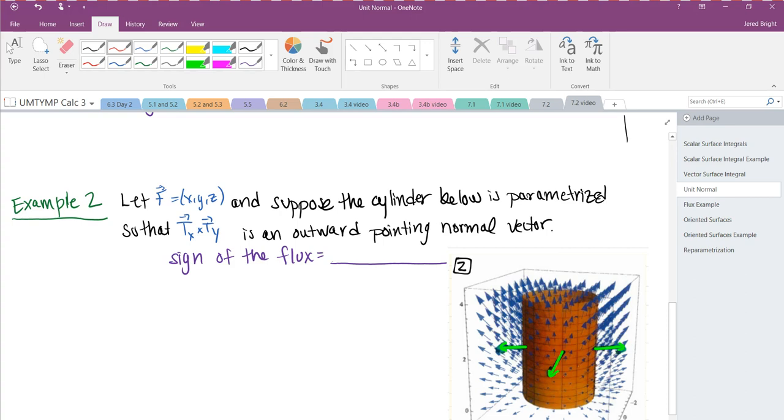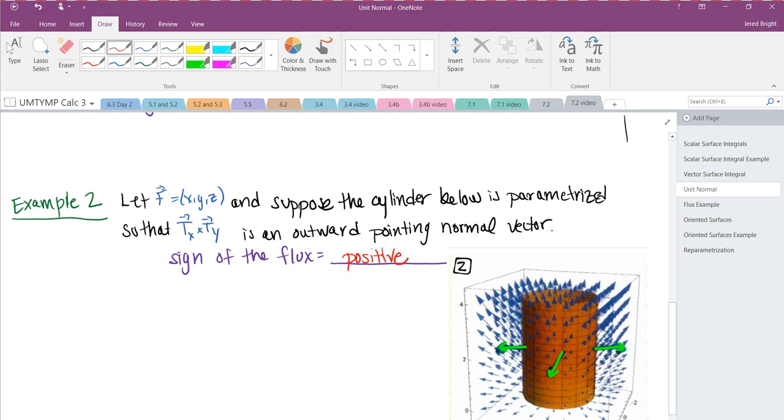So then if we think about the flux at each point, you would look at the angle between the vector field and the unit normal vector, and that angle is going to be acute, meaning that when you take the cosine of the acute angle, you're going to get a positive number. So then when you add everything up, you're going to get a positive value for flux.